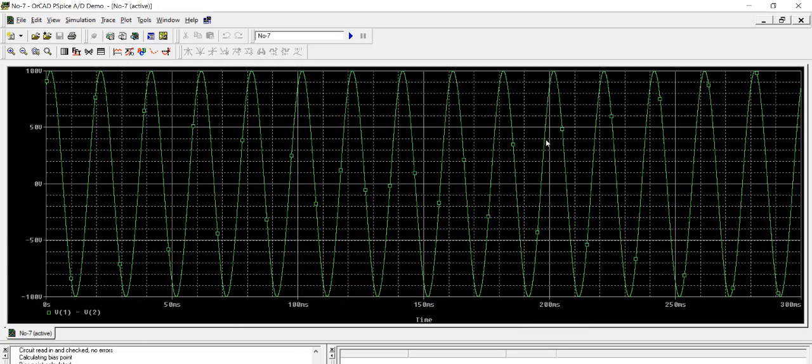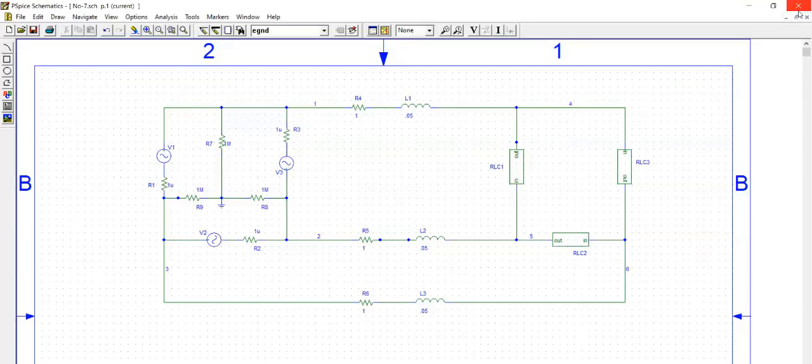Also we know that in delta connection line voltage and phase voltage are the same, so this is also our phase voltage. Now for line current and phase current, our line current is the current between this line and phase current is the current between this line.